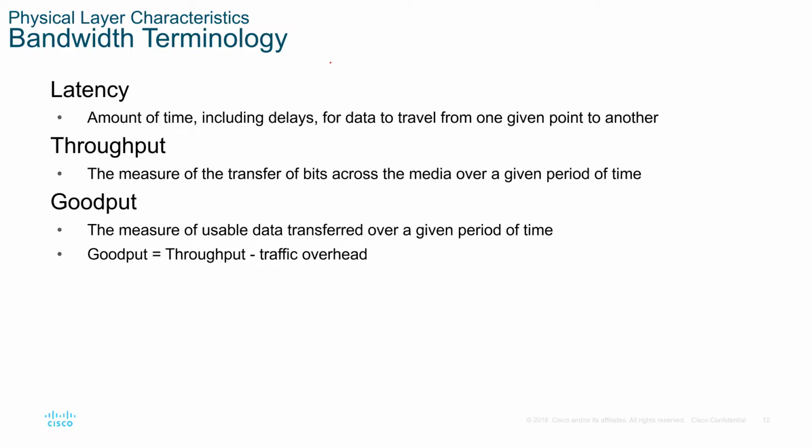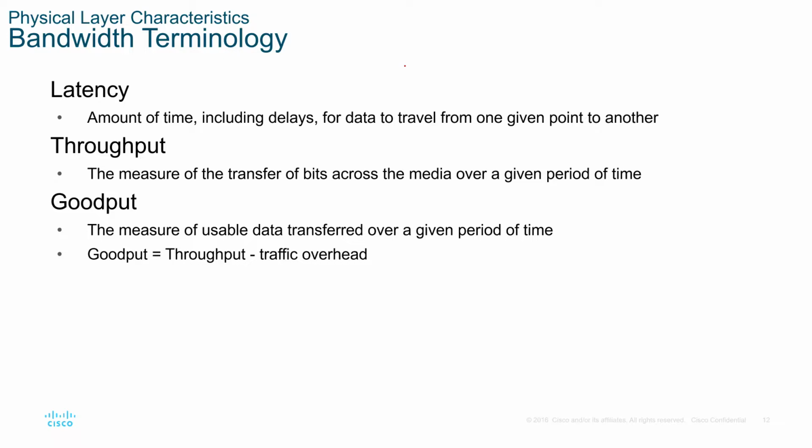Now, when I send data, nothing happens instantaneously. So we have latency, which is the amount of time that includes all the delays for the data to travel from one given point to another. We may have physical delays, processing delays as it goes through devices, or just delays as it goes through a particular medium.